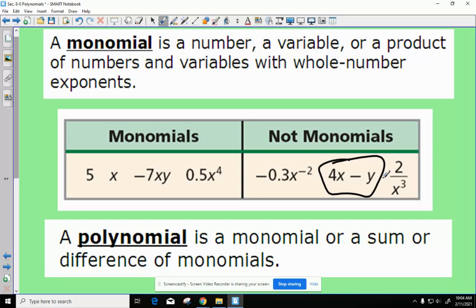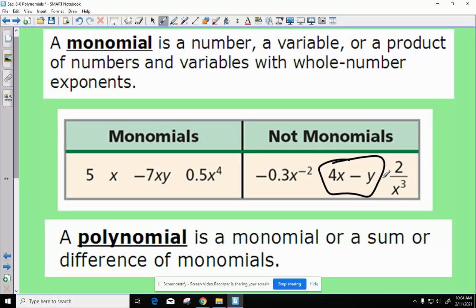Okay? And the prefix bi simply means two, so this would be called a binomial. As a little kid, you used this three-wheeled bike, a tricycle. So when you have three things put together, we call it a trinomial. Okay? If we have more than three, then that's when we use the prefix poly and we say polynomial.